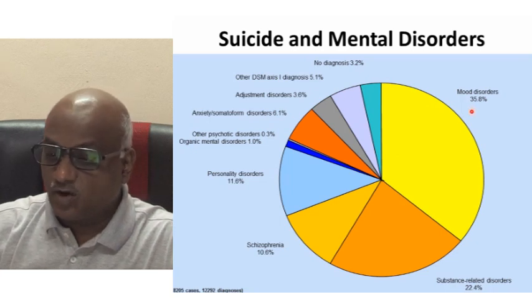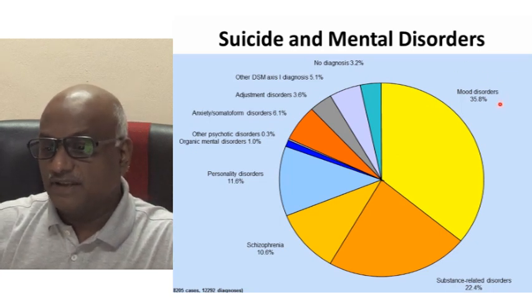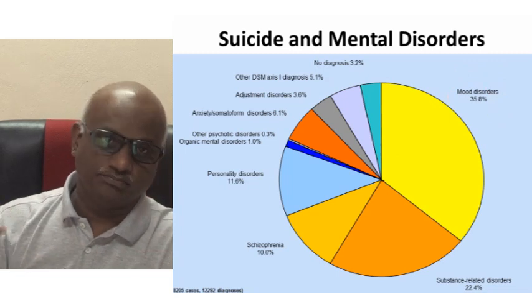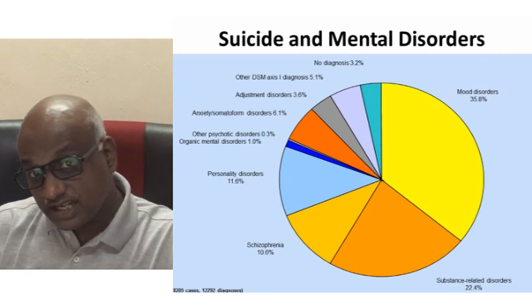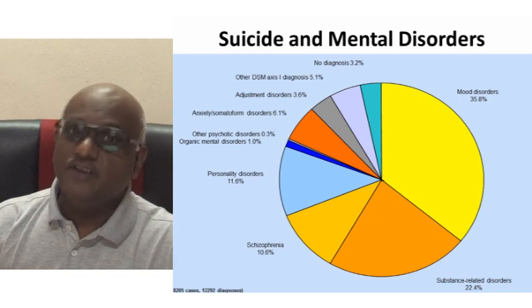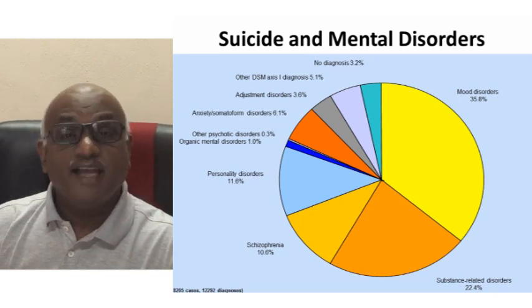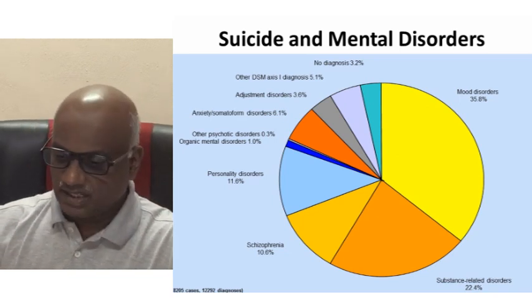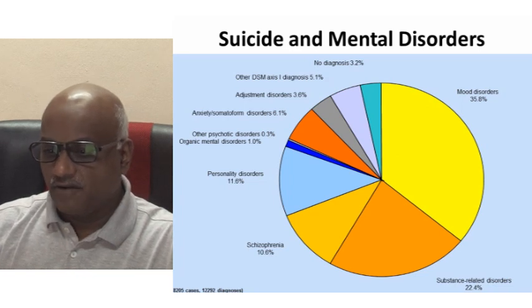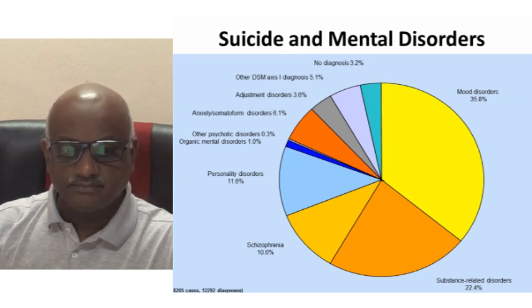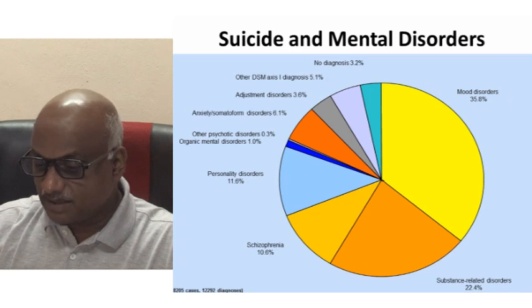So when we do psychological postmortems, that is when we analyze a patient's history after the suicide, retrospectively, very often we find out that they have had a mood disorder. Then, after mood disorders, the second group is substance abuse.